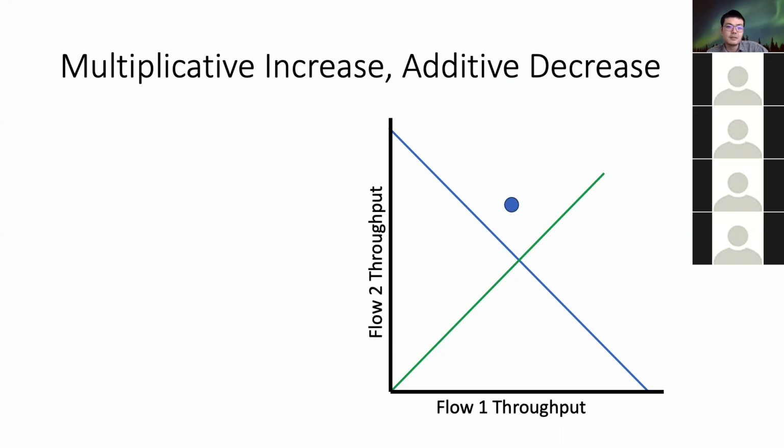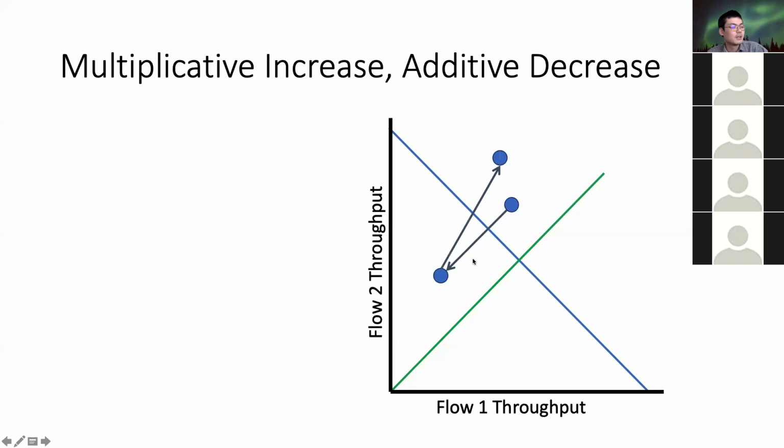Okay. If you do something like this, what will happen? Right. Initially, let's say you are here and the congestion happens because it's above the line. Then what you will do, it will decrease linearly, slowly decrease, right? Additive decrease. Right? So you decrease by 1 to here, okay, along the 45 degrees. But then you find, hey, now I can probe, I can send fast. Then you increase. Right?